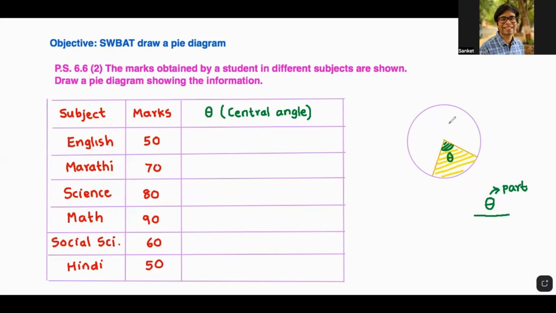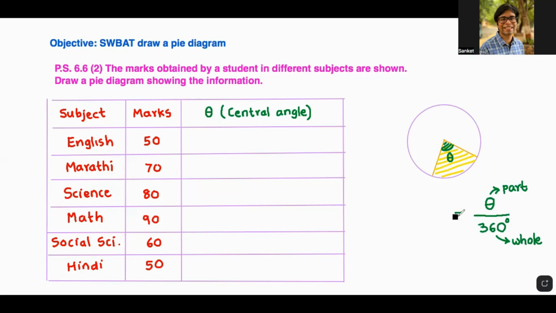The circle corresponds to an angle of 360 degrees. So this is going to be my whole. All the central angles in the circle are going to add up to 360 degrees. So part is theta, which is, let's say, corresponds to English marks, and 360 is the whole.